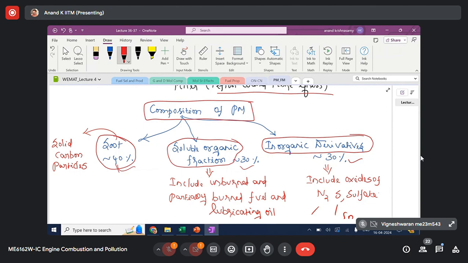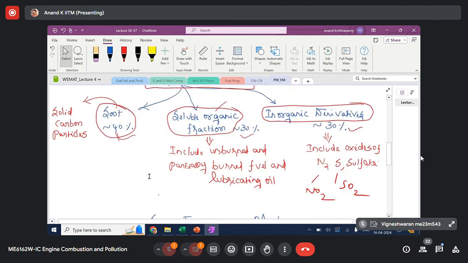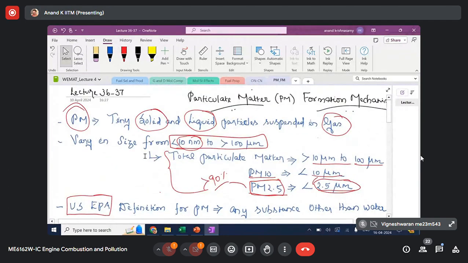For example, the source for soluble organic fraction is unburned fuel or partially burned fuel as well as lubricating oil. Partially burned fuel or lubricating oil is a liquid particle carried away in the gas stream. That is the soluble organic fraction. Please remember the first definition we had. PM is a particle, solid or liquid, suspended in a gas stream.